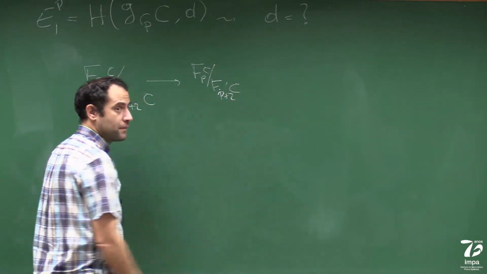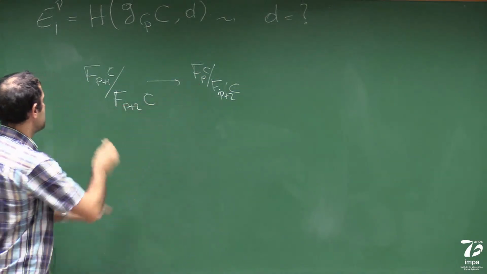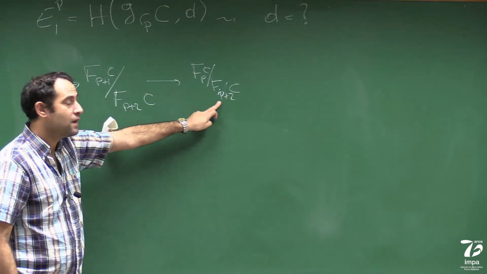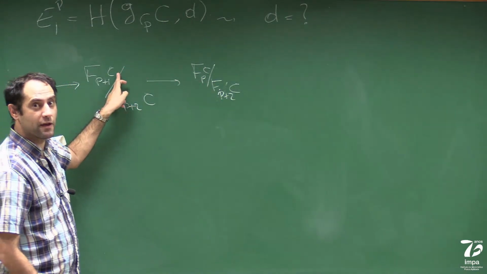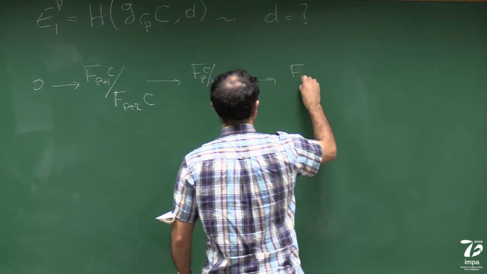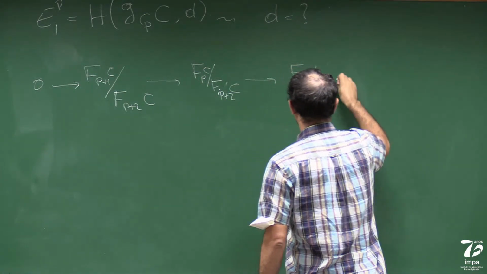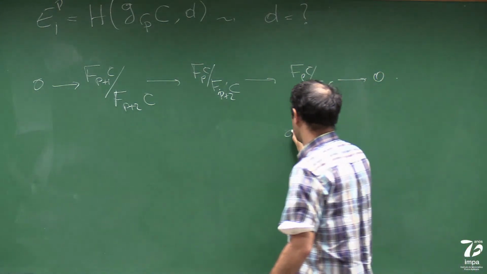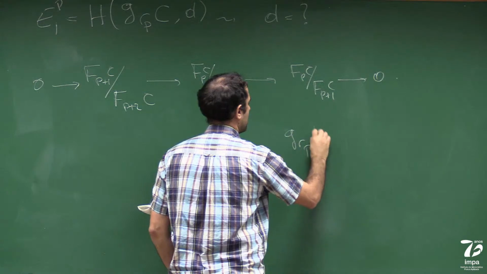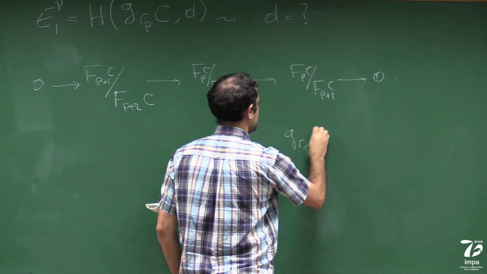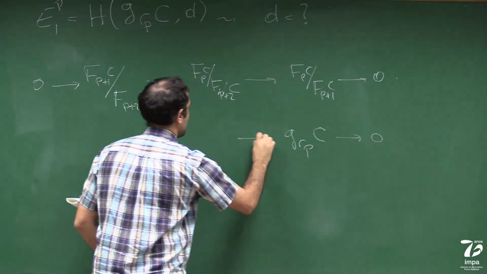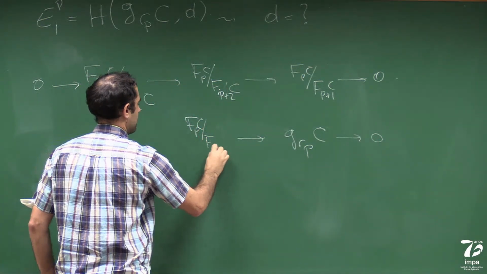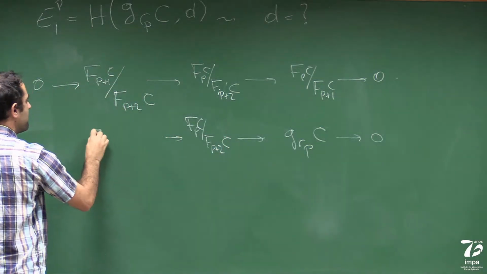This is an inclusion, because F^{p+1} is included in F^p, and the quotient is the quotient of F^p by F^{p+1}. So this is Gr^p of C, this is this quotient, and this is Gr^{p+1}.